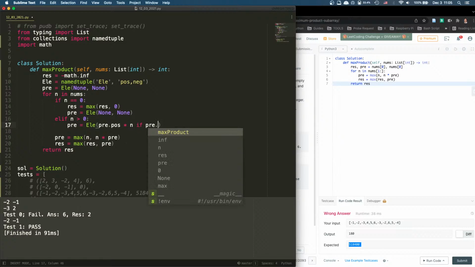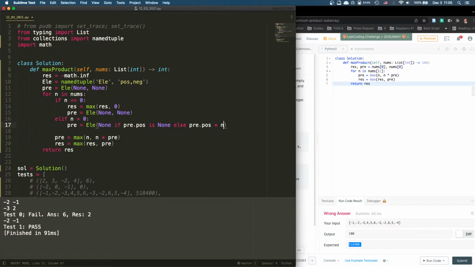If pre dot pos is not none, or in other way, we can say this is going to be none if pre dot pos is none, else this, right?